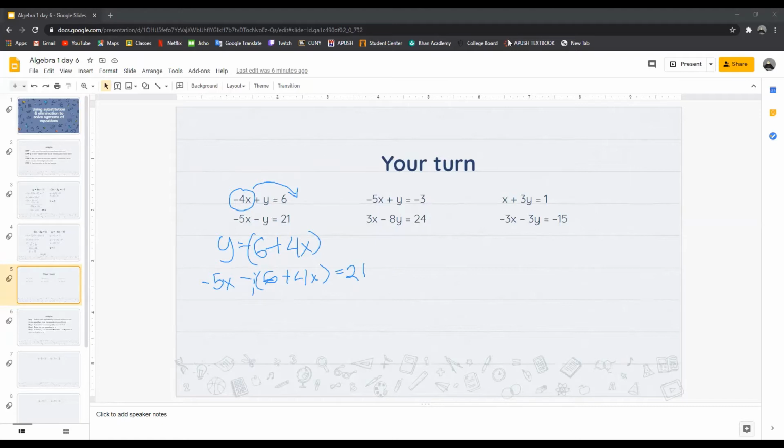So the answer is x equals negative 3. Okay, and your y value? I didn't get to that part. Okay, get your y value.